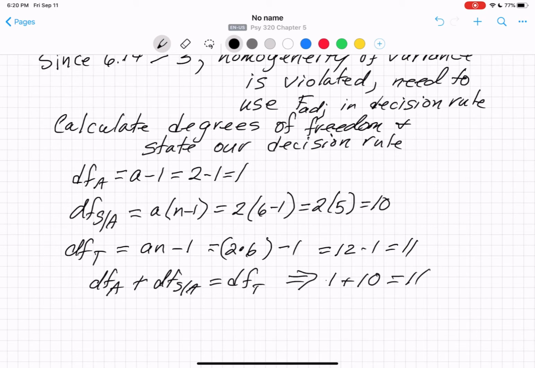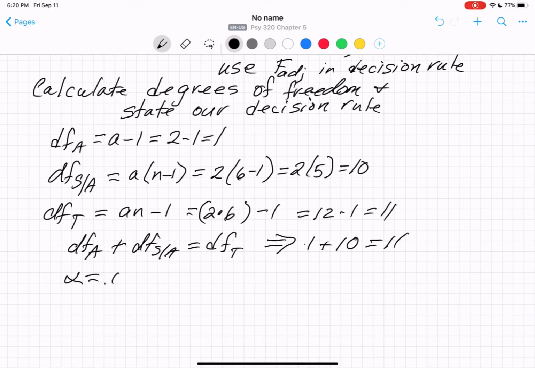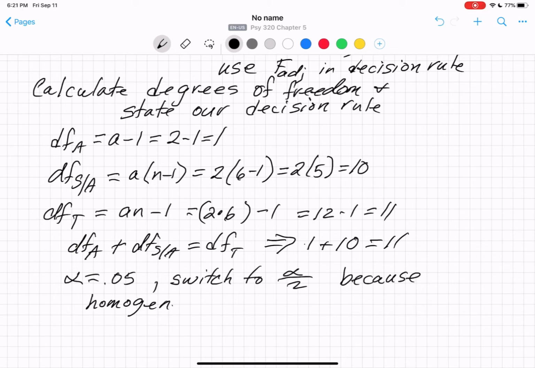All right, so if alpha is 0.05 in the problem, we're going to switch to alpha over 2 because homogeneity of variance was violated.